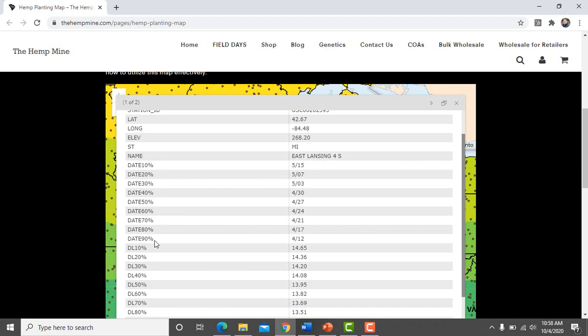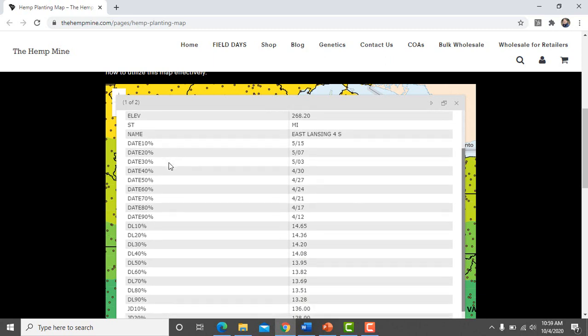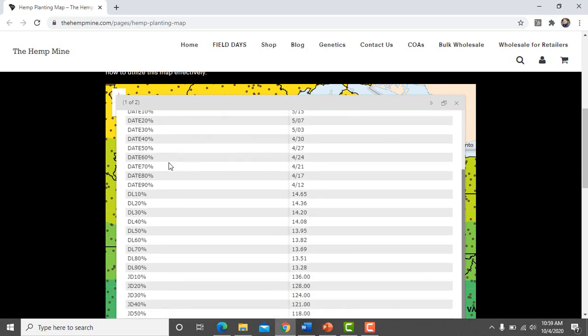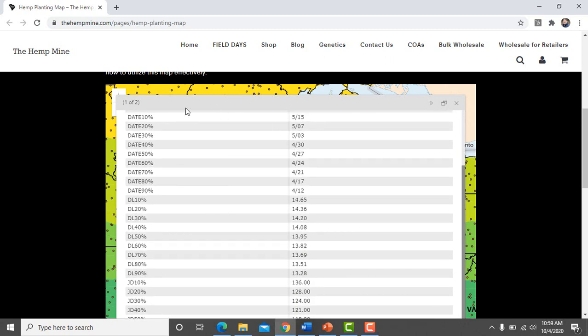So at 90% chance of frost in Michigan, the date would be April 12th, but then you would have a 10% chance of frost on May 15th. And so it shows you the potential of frost, because as we all know, the last thing you want to do is plant too early, especially clones, and the frost come through and kill all of your plants. And so then if we scroll down, we understand the date that correlates with the frost potential.